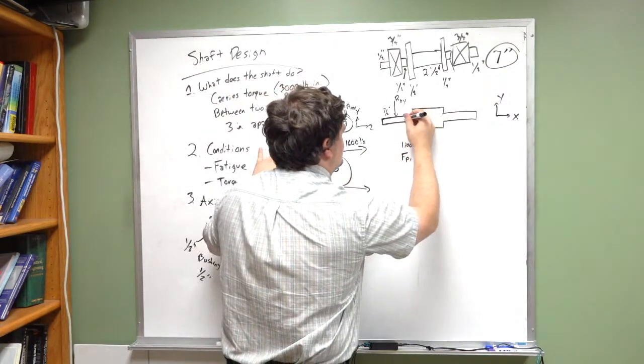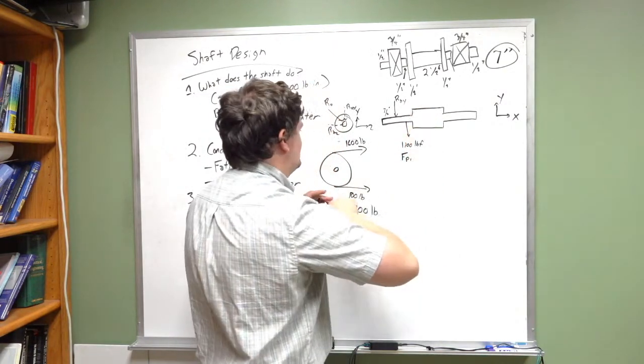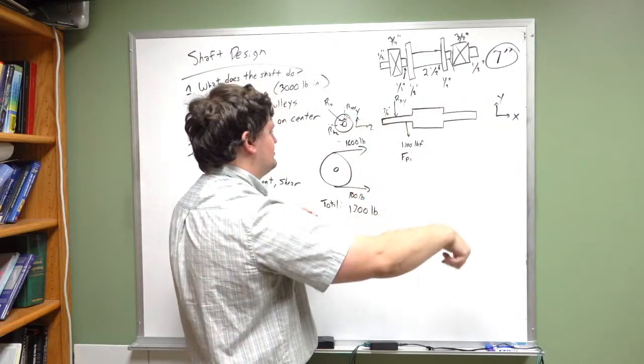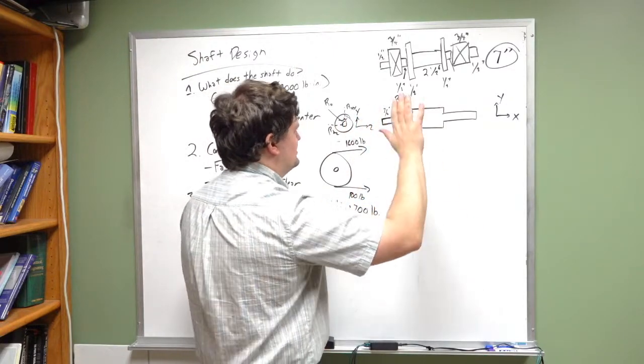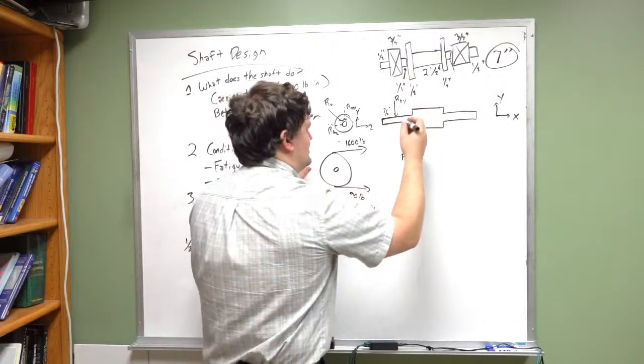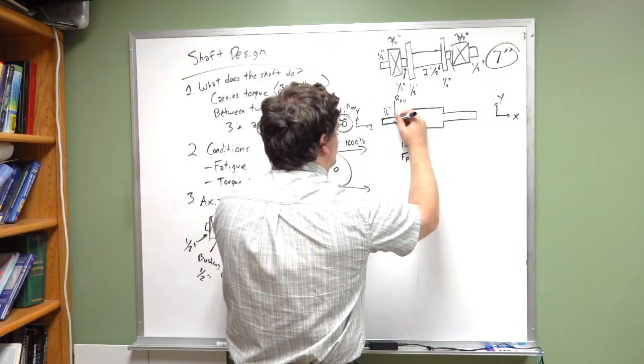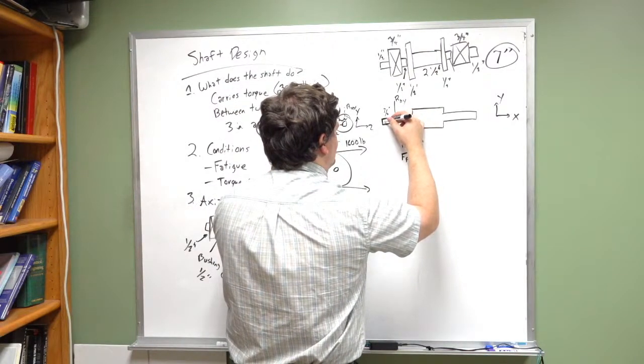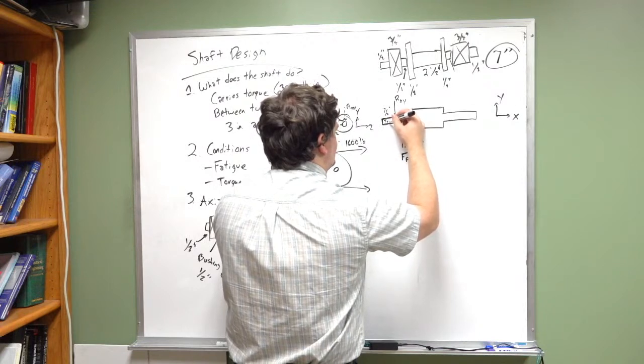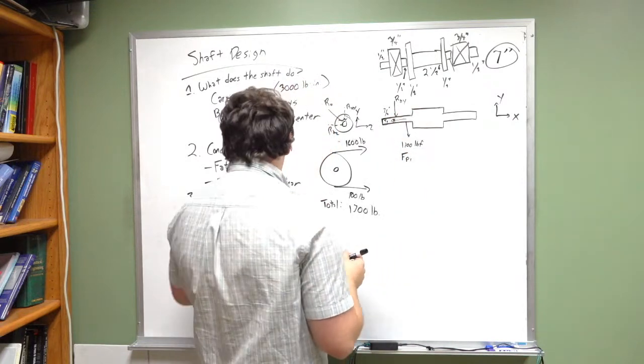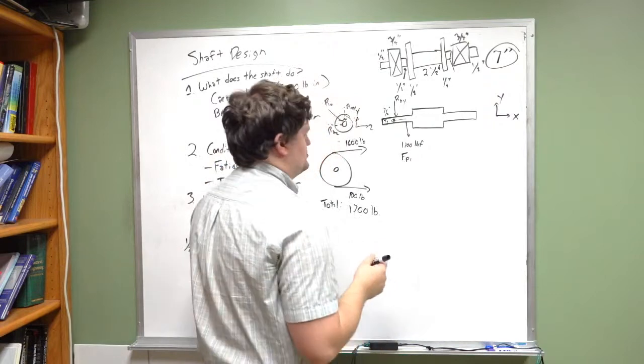We're also going to apply a torque. It's going in this direction, so it's going to be going this way. So we will have a torque applied this way, TP, and TP is equal to 3,000 pound-inches, which is what we designed earlier.